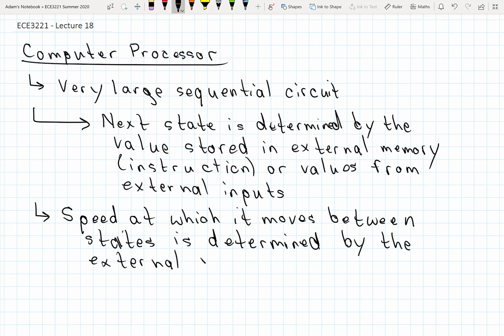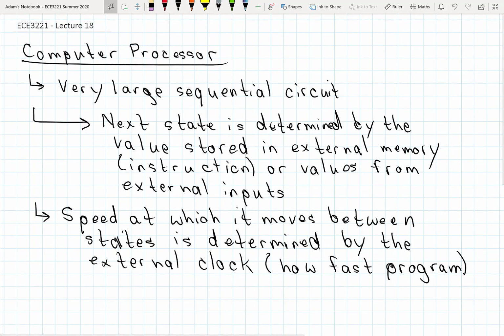Okay, so there's some clock, oscillator, something generating clock edges that will determine how fast our processor executes instructions, or what we tend to think is how fast our program runs.